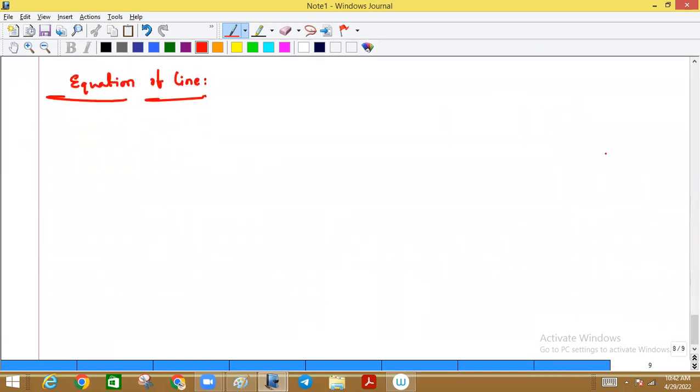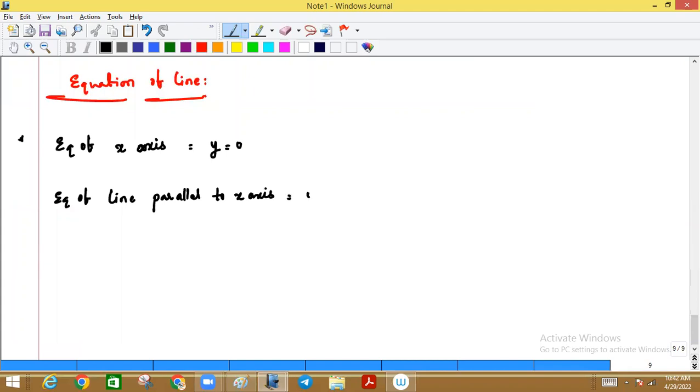Put the heading as equation of line, I said. Equation of x-axis. Equation of line parallel to x-axis, y is equal to k.